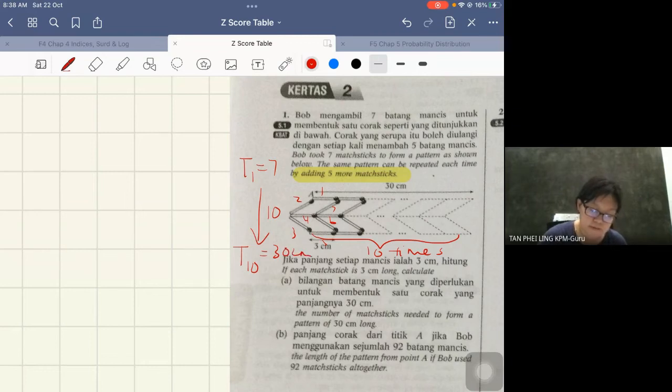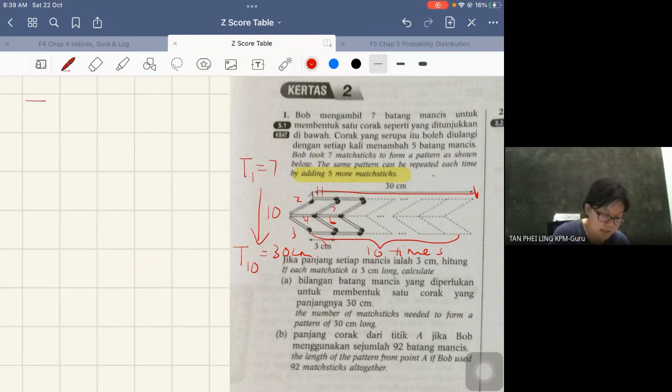Agree? Because each time 3, next one 3, then total 30 cm is what they want from here to here, right? So it will be T10, which means 10 times you will achieve that 30 cm already.